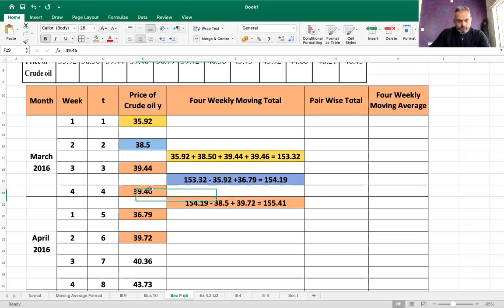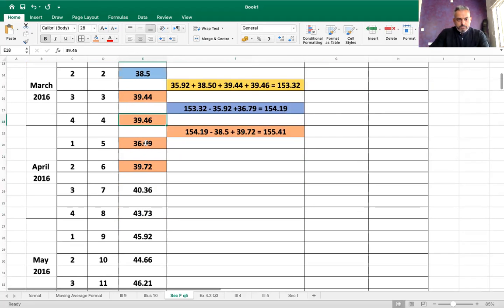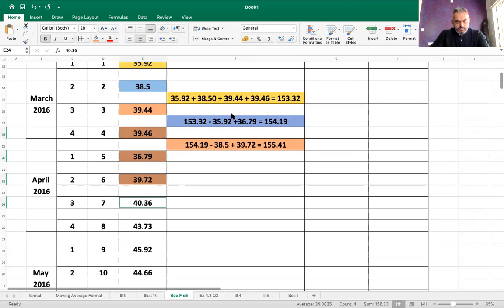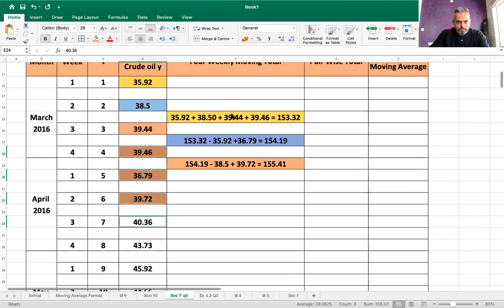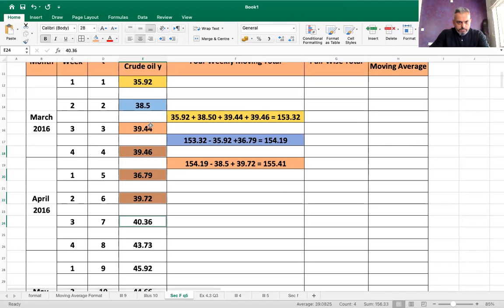Now next 4. So 1, 2, 3, and 4. Let's change the color, let's go green.